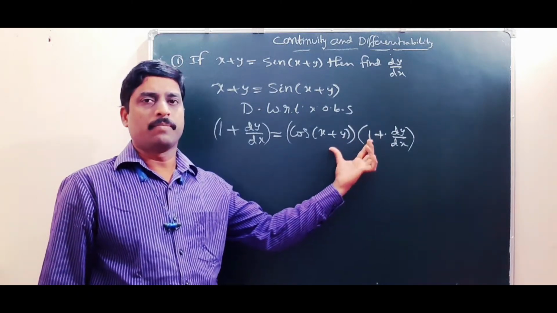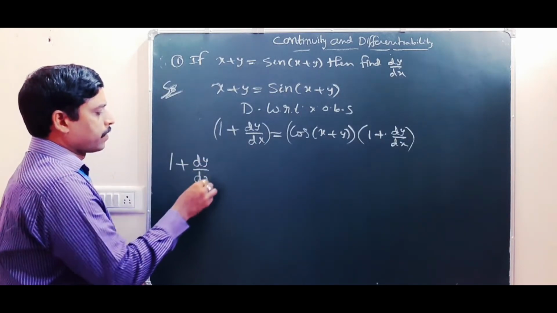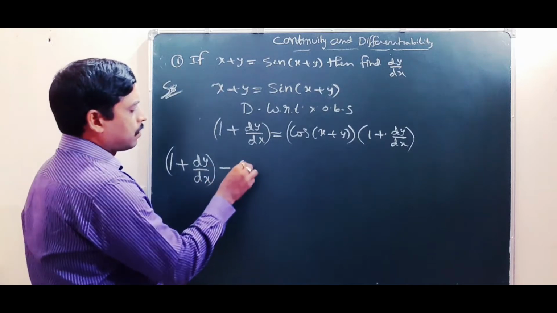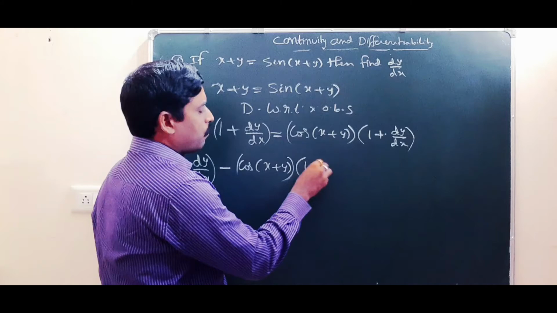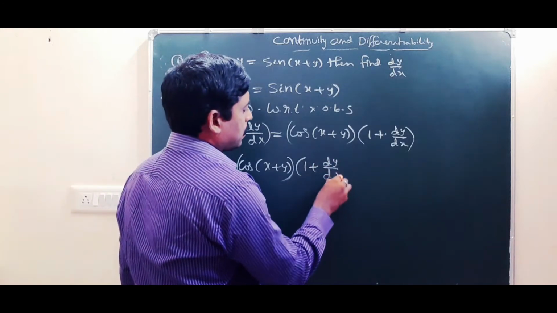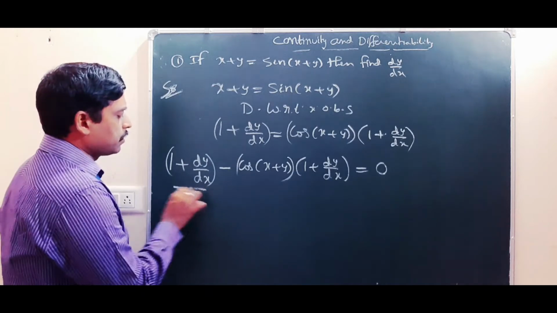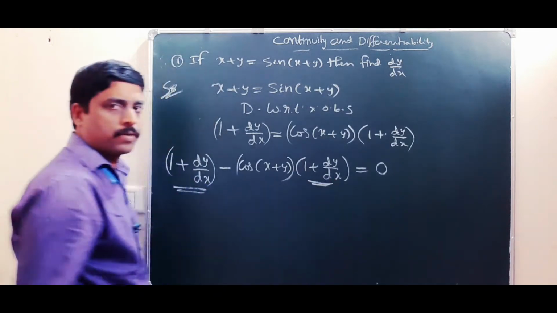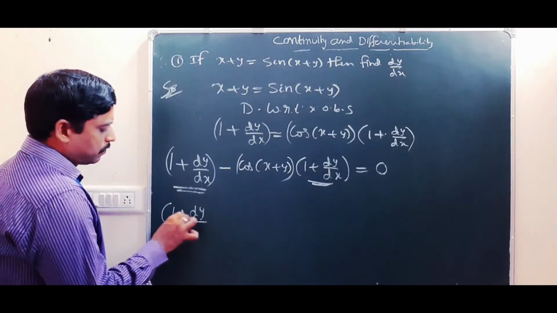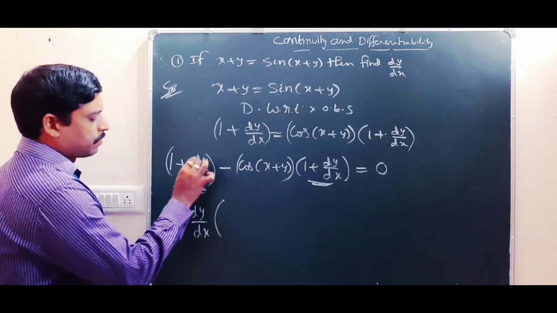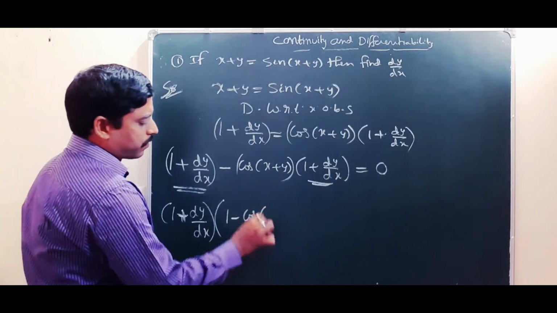This whole term, bring to the left side. 1 plus dy by dx minus cos of x plus y into 1 plus dy by dx equals 0. In this, take 1 plus dy by dx common. So 1 plus dy by dx is common from here, and the remaining value is 1 minus cos of x plus y.